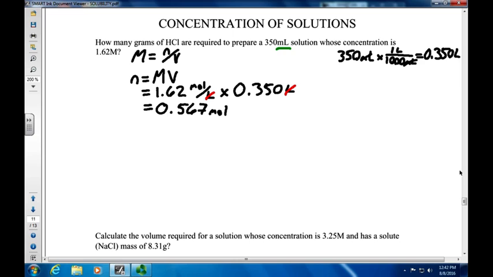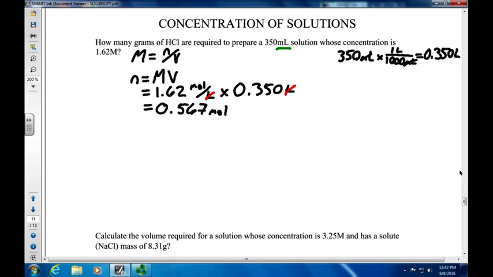So we need 0.567 moles of hydrochloric acid in order to create the desired concentration using the desired volume. So in order to calculate exactly how much mass of the hydrochloric acid, we need to first figure out how we're going to convert our moles to grams.